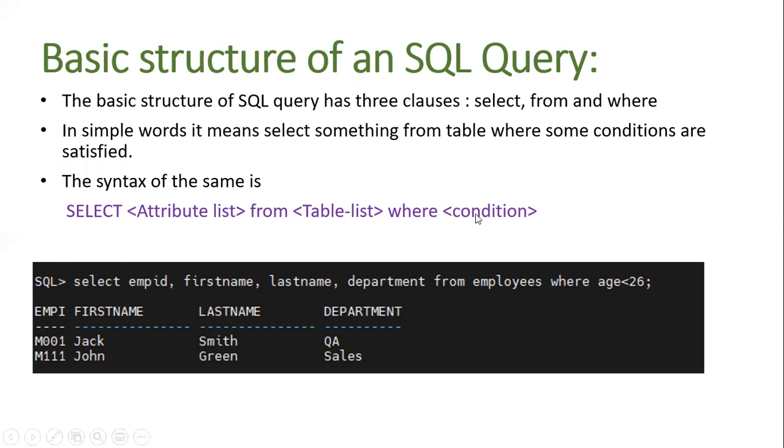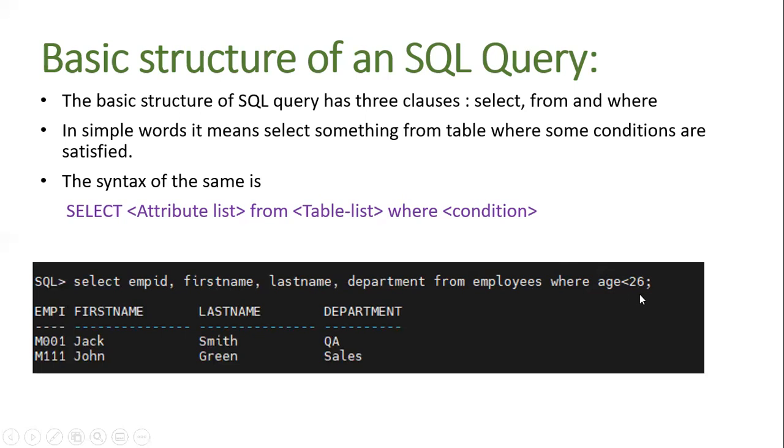So in order to make things more clear, let's take an example of the same table. Here we want to display the employee ID, first name, last name, and department from the employees table, which is created already. Where is the condition. After where we have the particular condition which has age which is less than 26.